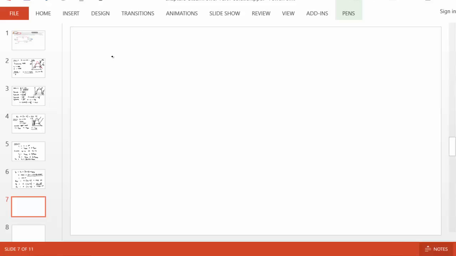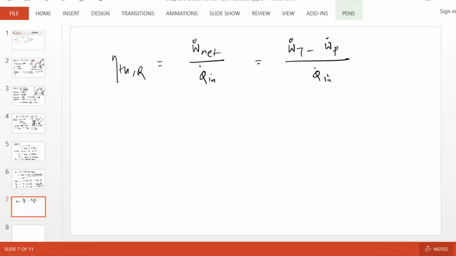The thermal efficiency of the Rankine cycle is W dot net, which is turbine minus pump. You can do it various different ways. We can do it this way, or we could do Q dot out by Q dot in, whichever you find easier. Both will obviously produce the same.